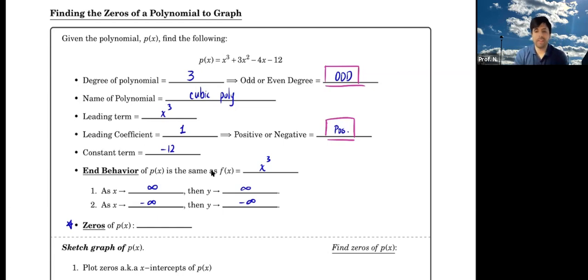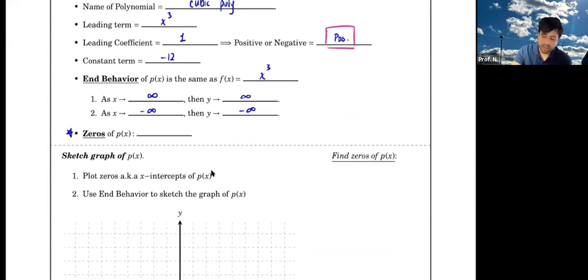So how do you find the zeros? The first thing is I need to set the polynomial, set p of x equal to 0. It's the first order of business. The second order of business is, if possible, and most likely it will be, factor and solve.